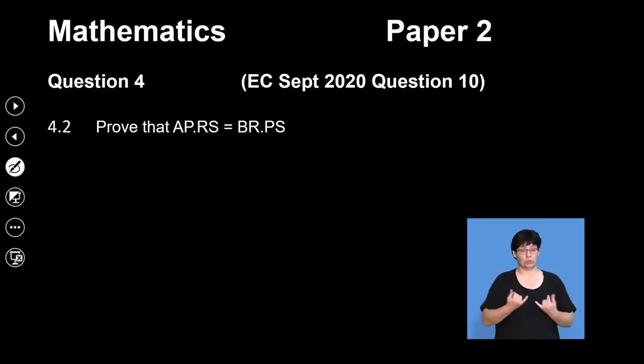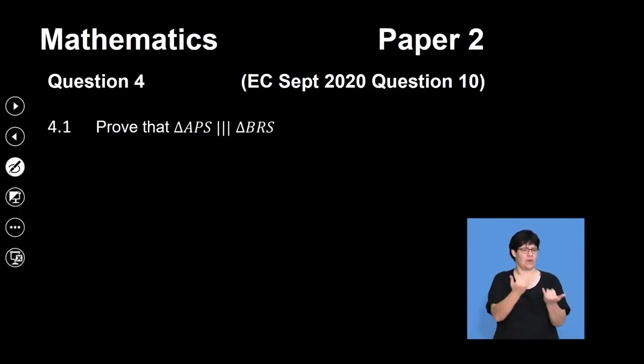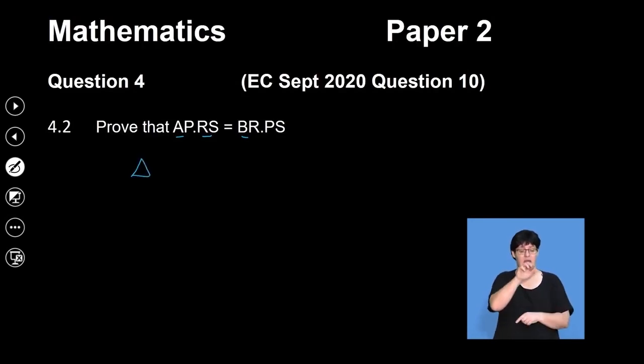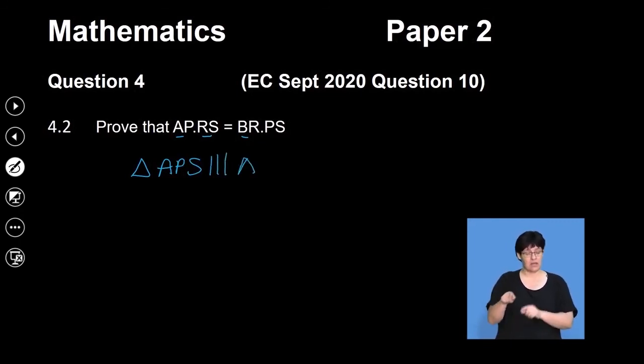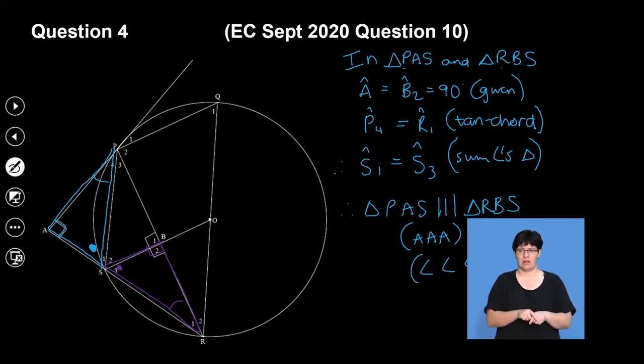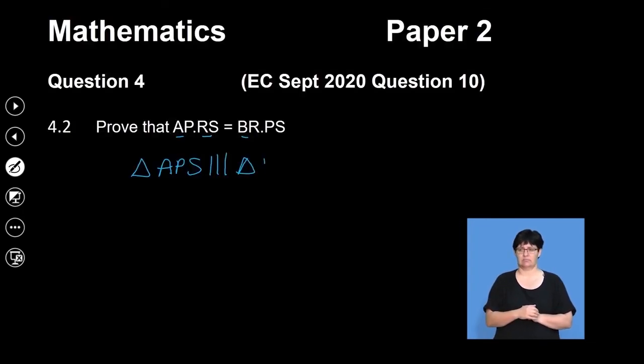Okay, and then the last question that we're going to do today is that we need to prove that AP times RS is equal to BR times PS. So if we look at what we've just proved, we've proved that triangle APS is similar to triangle BRS.